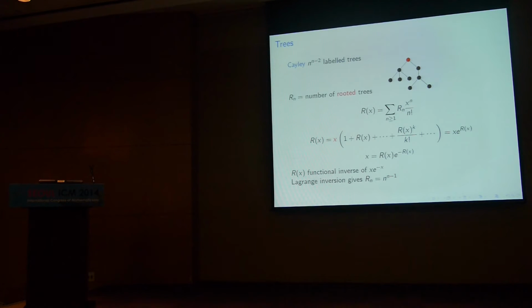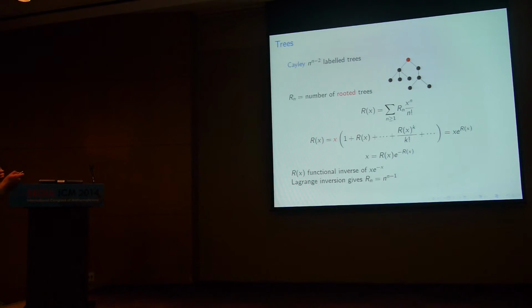You just do Lagrange inversion, which is an elementary exercise, and you get this formula, which is okay, because now if you want the total number of trees, you have to multiply by n, which is the possible number of roots.